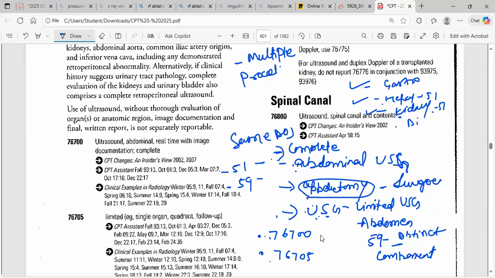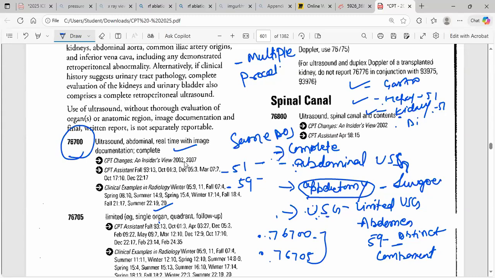Like in this case, if we bill complete and limited for the same patient to the same insurance, insurance will tell us that limited is already included in complete and they will pay only for the complete. Limited is going to deny. Why?